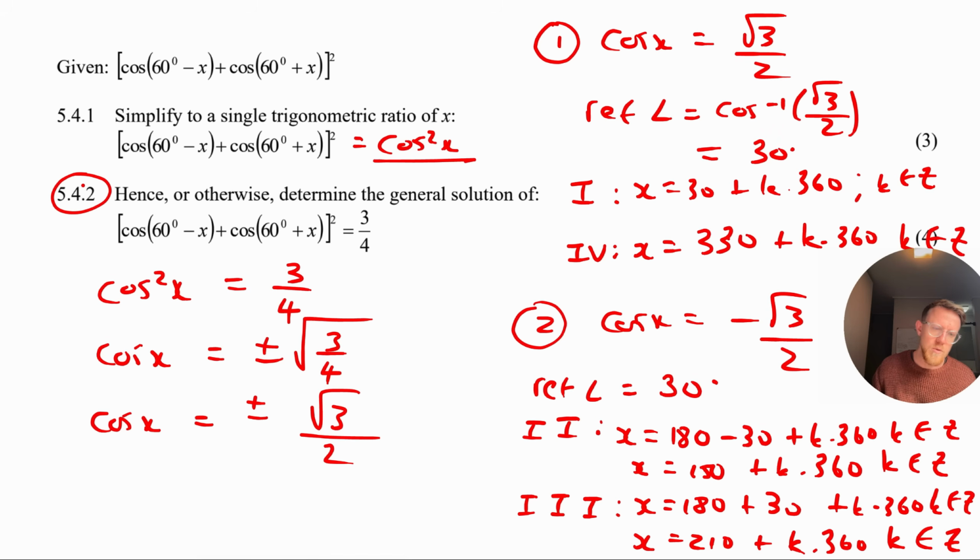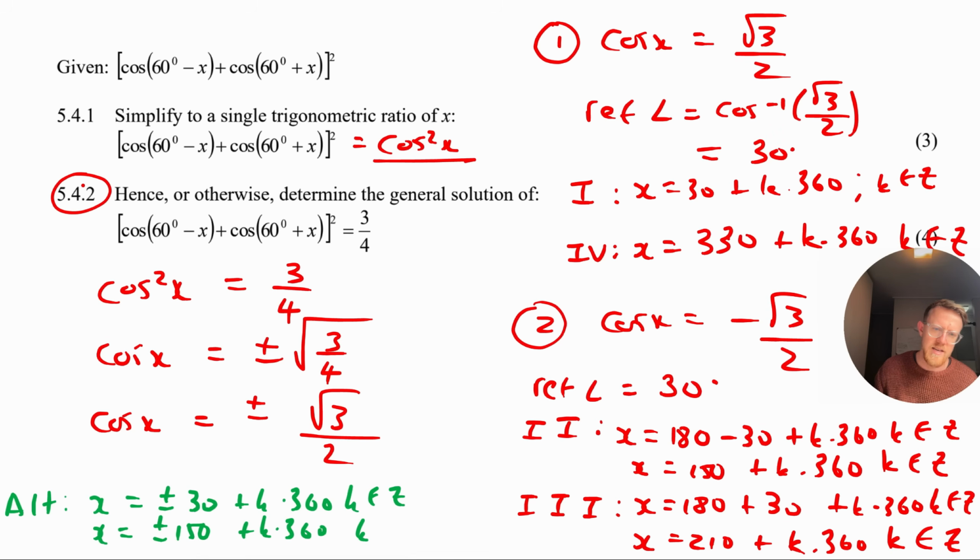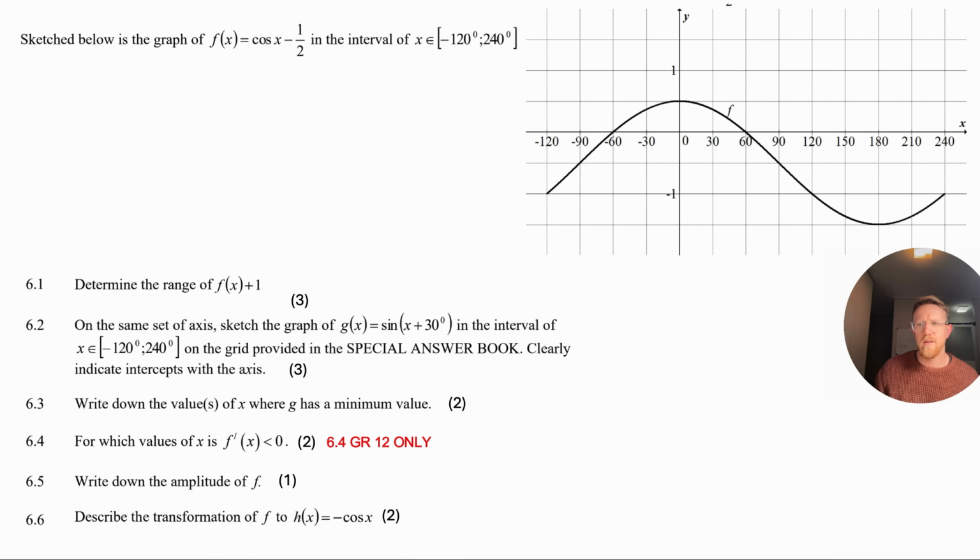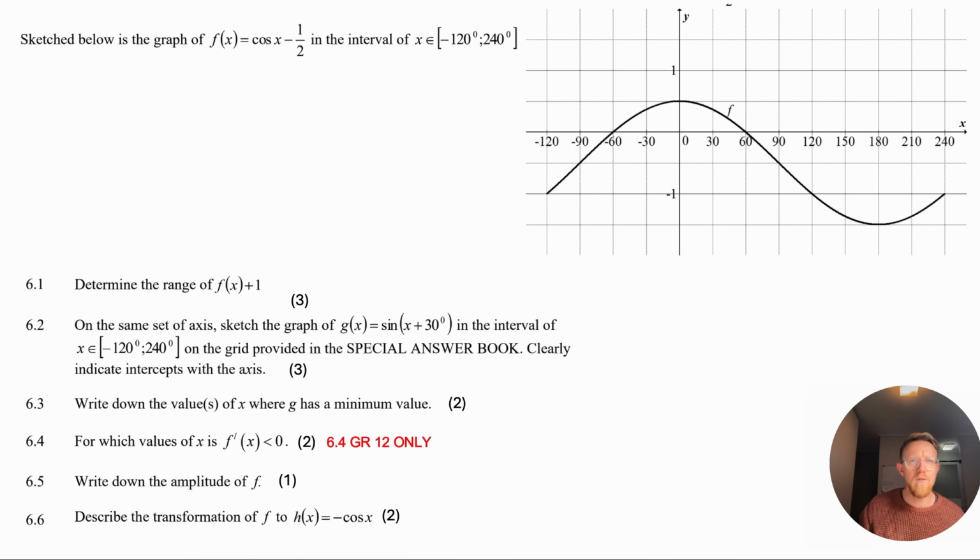So an alternative way that the answer would look would be x equals plus minus 30 plus k360, k an element of Z. And then the other way is plus or minus 150 plus k360, k an element of Z. There are some schools in South Africa that do it that way. Totally valid, perfectly okay.